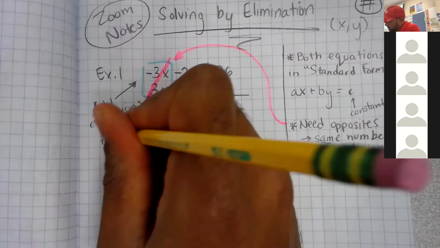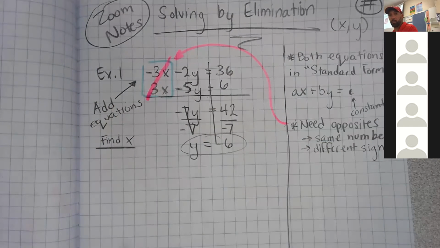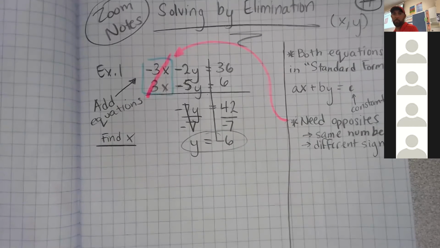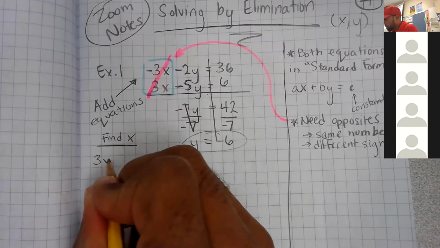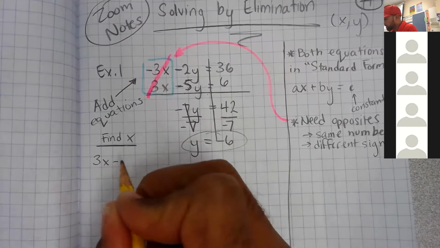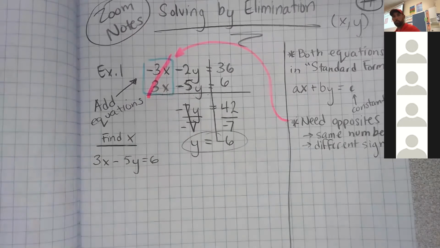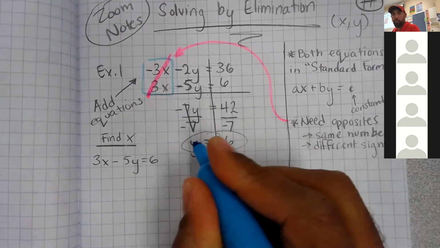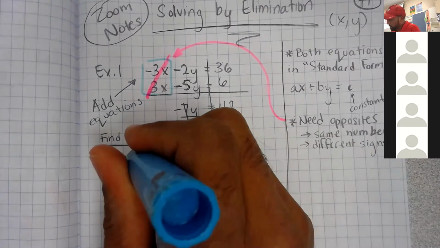So just like before, pick one equation. It doesn't matter which one you choose, whichever you feel most comfortable with. I'm going to do the second one. And you plug in that number you just found. Remember, you found y, so make sure you plug this into the y of that equation.